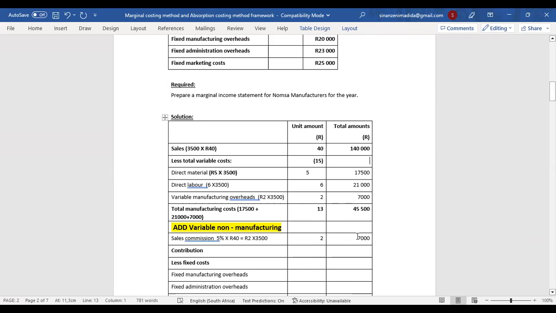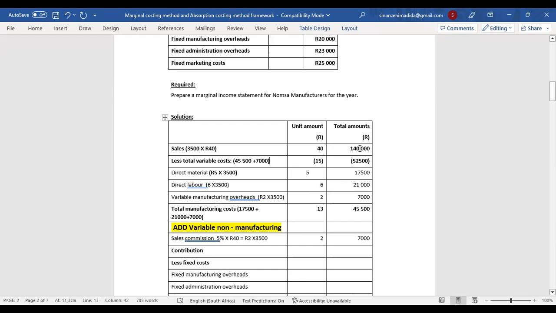Let's confirm, guys, that we are getting 52,500. Can you confirm the 52,500? You said it's 45,500 here plus 7,000. That's how we are getting our 52,500.